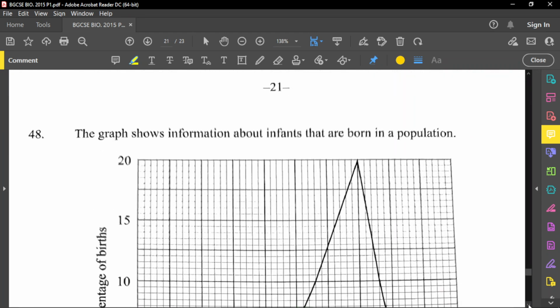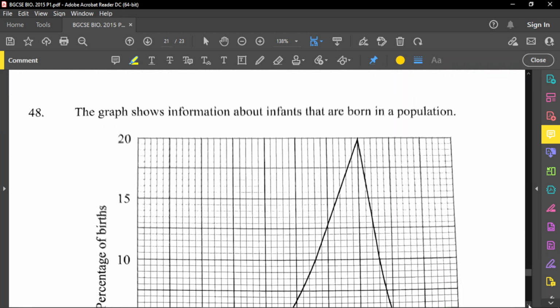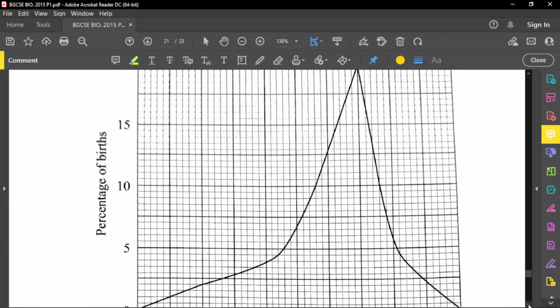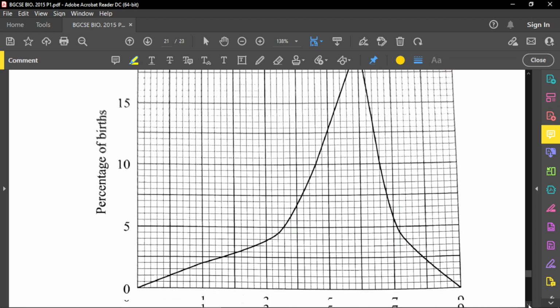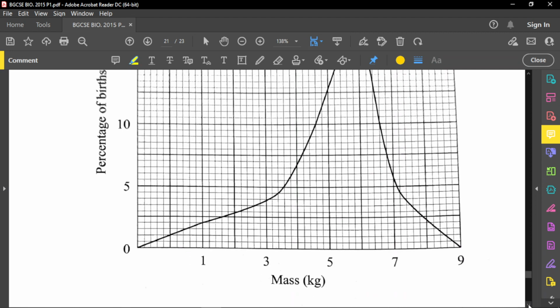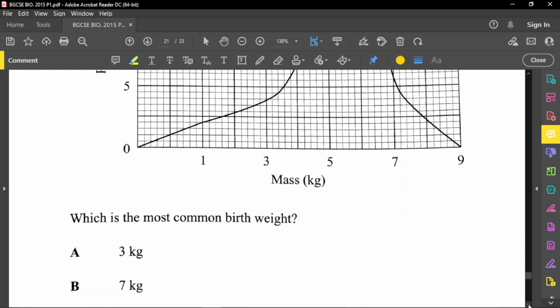All right, so 48. The graph shows information about infants that are born in a population. And so we have a percentage of birth on the y-axis, and we have the mass in kilograms on the x-axis. So the y is the percentage of birth, and on the x-axis is mass in kilograms. So which is the most common birth weight?